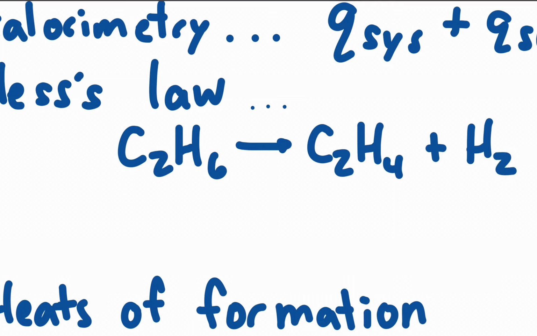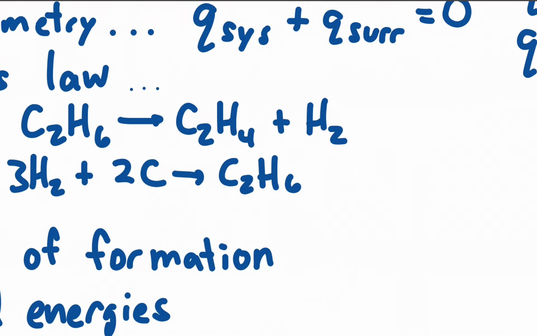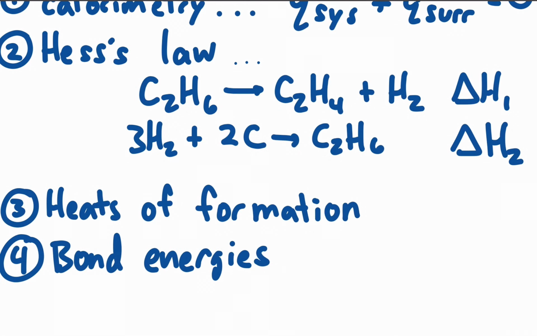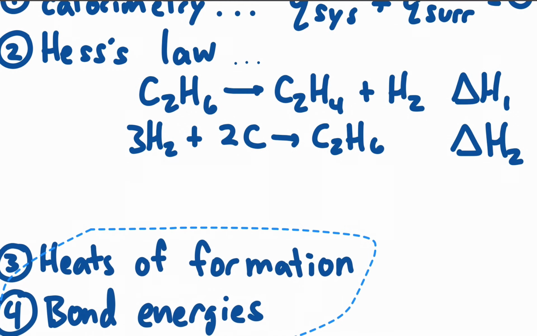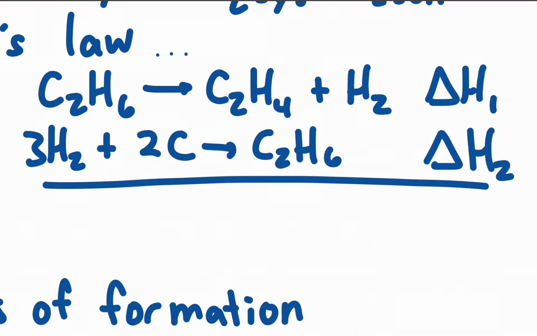And then separately, I have the formation of 3 hydrogens and 2 carbons to make C2H6. And let's say I know the delta H of that first reaction, and I know the delta H of the second reaction.